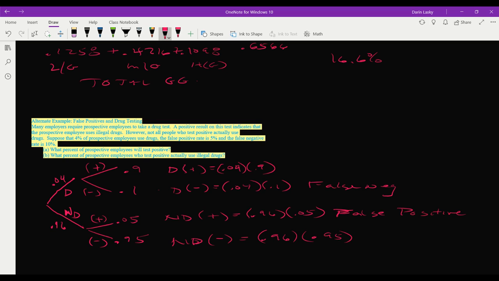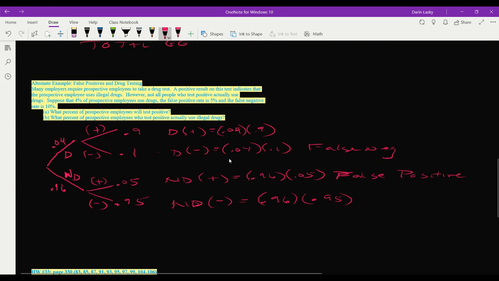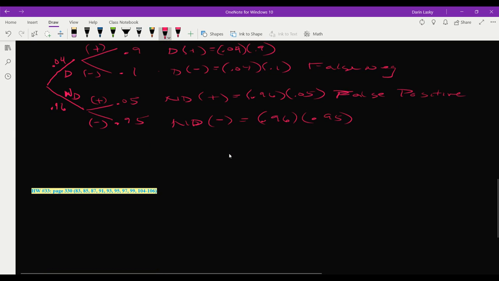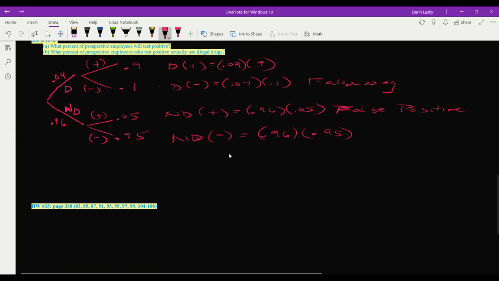So let's look at this. What they want first is the probability that they're going to test positive. So this is a positive test, and this is a negative test.